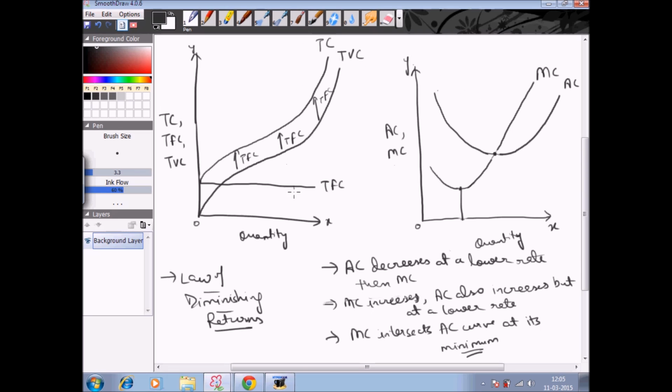So analyzing the cost output relationship in the short run basically helps any producer in order to maximize his profits by minimizing his marginal cost, because at that particular time period, at that particular unit of production, the marginal productivity will be the maximum.